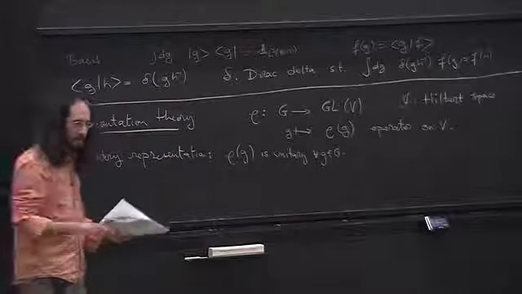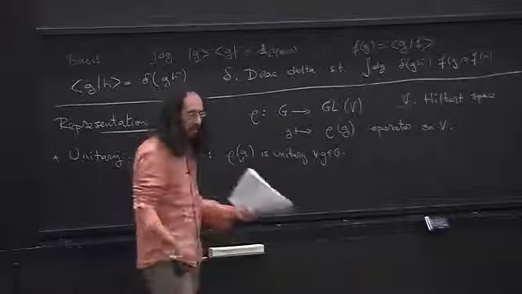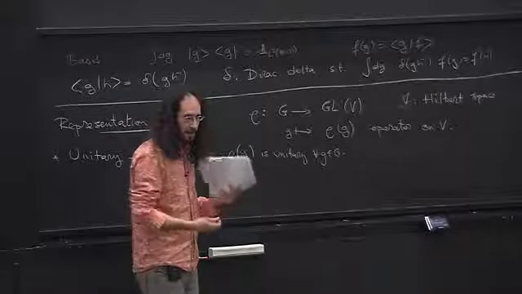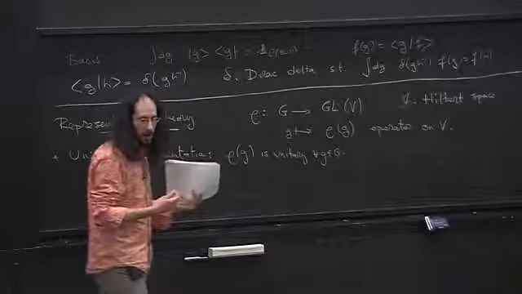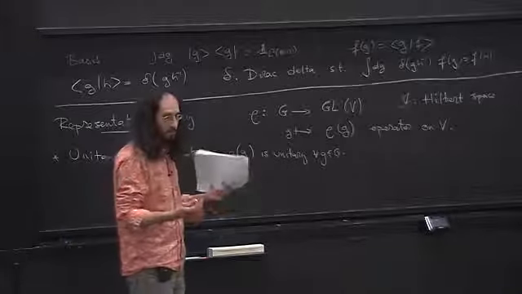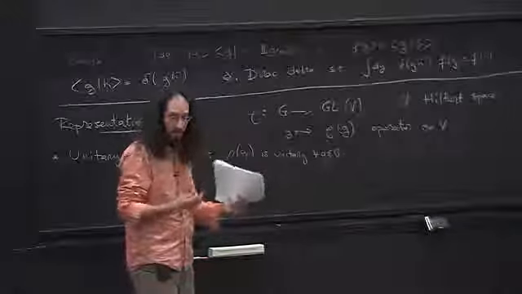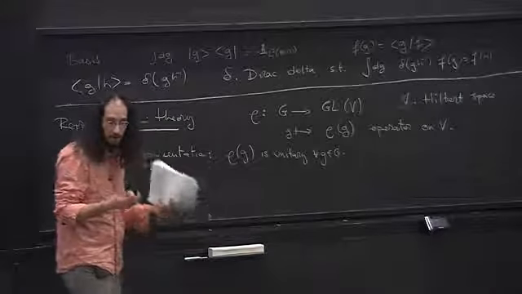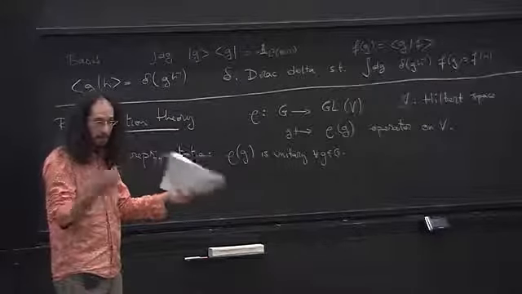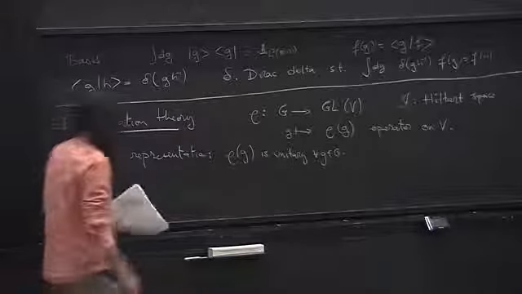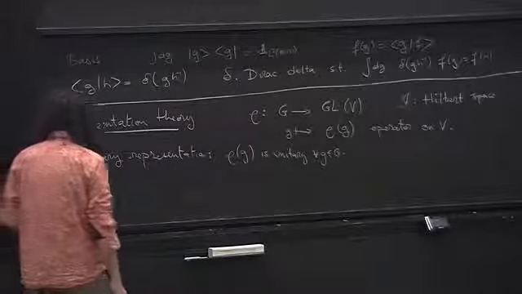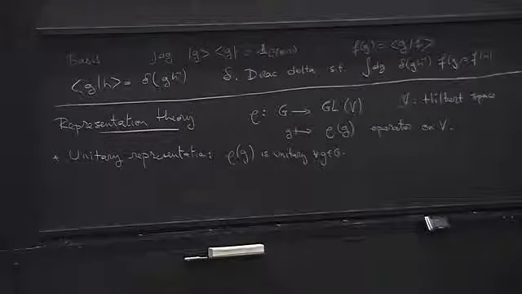So you'd like to classify them. For example, if I give you two representations in spaces that look different, you might want to find whether they are actually equivalent representations. Even if the spaces look different, they may be isomorphic, and the two representations may be the same. So you need a notion of equivalence classes of representations.